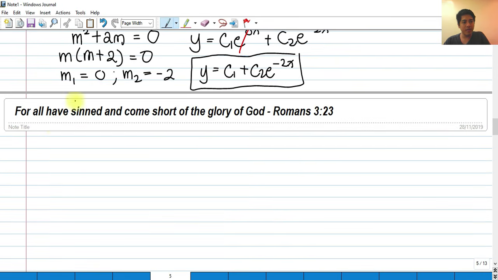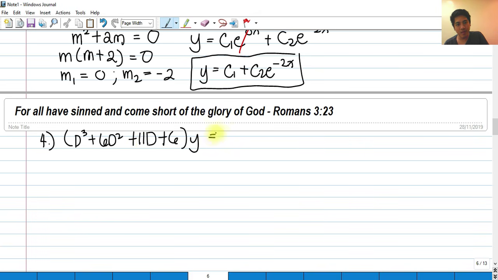Let's try another problem. Number 4, we have d cubed plus 6d squared plus 11d plus 6 multiplied by y. Putting this first into an auxiliary equation, we have m cubed plus 6m squared plus 11m plus 6 is equal to 0.